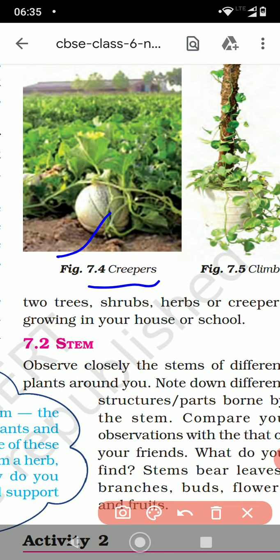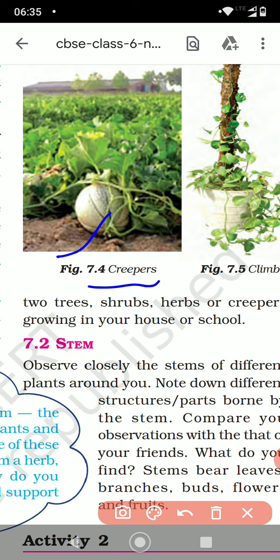So here the clear difference is creepers just creep on the ground and climbers can climb, right? But in the case of herbs, shrubs and trees, we have differences based on their stem, whether they are soft, tender, thick, green, brown, or whether the branches start much above the base of the stem or from the base of the stem.